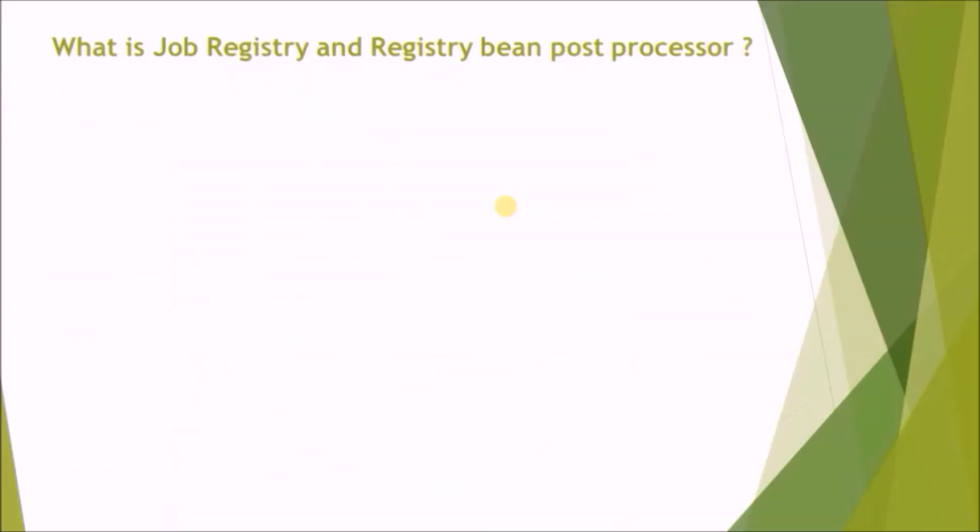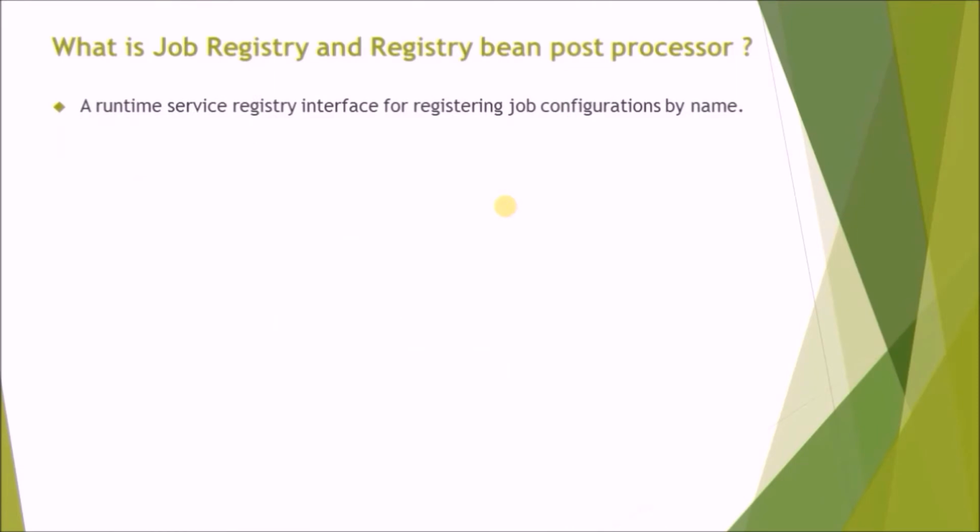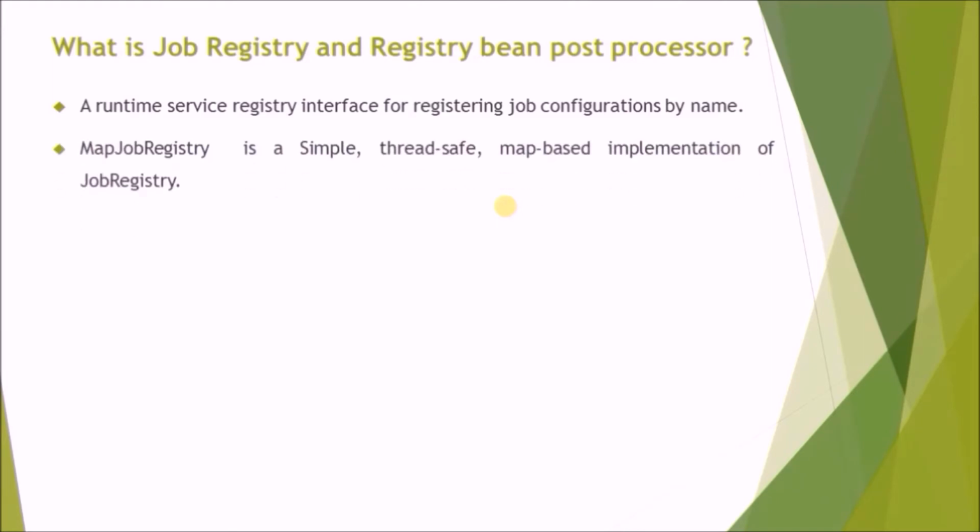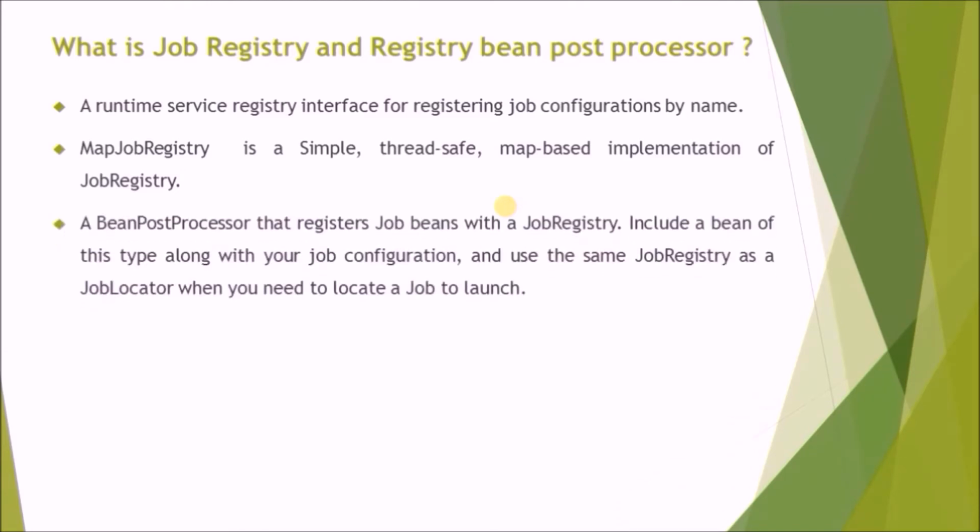What is Job Registry and Registry Bean Post Processor? A runtime service registry interface for registering job configurations by name. Map Job Registry is a simple, thread-safe, map-based implementation of Job Registry. A bean post processor that registers job beans with a job registry. Include a bean of this type along with your job configuration, and use the same job registry as a job locator when you need to locate a job to launch.